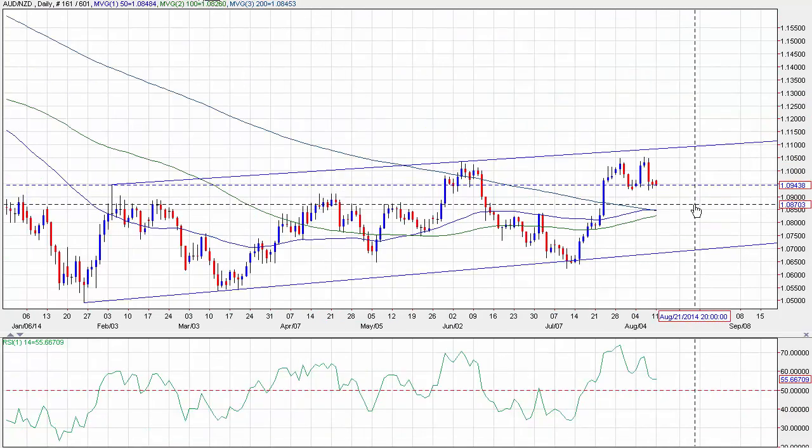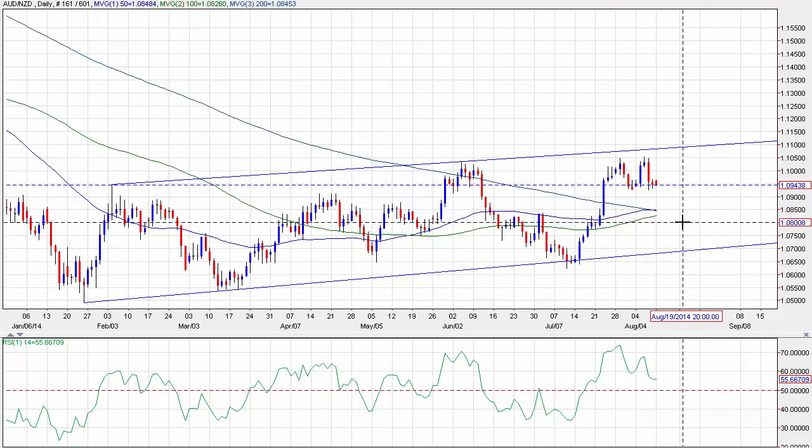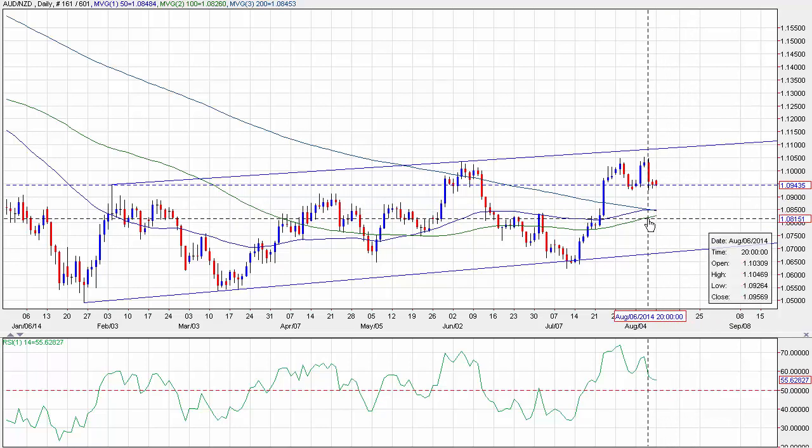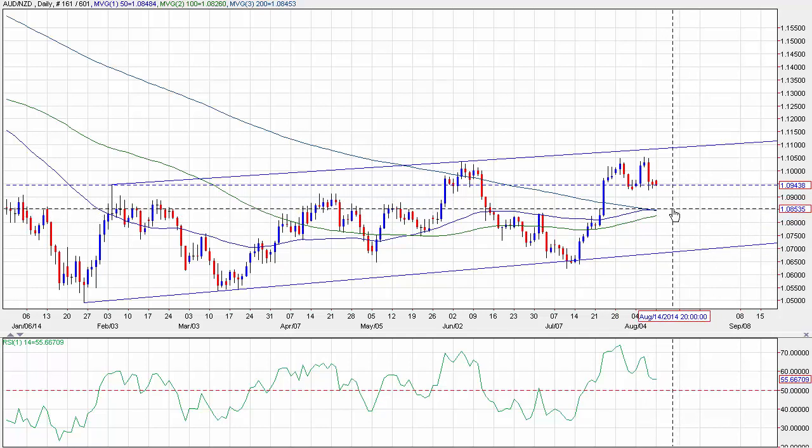In the daily chart, you can also see a cluster of the 200, 150-day simple moving averages in this 1.08, 1.0850 area.